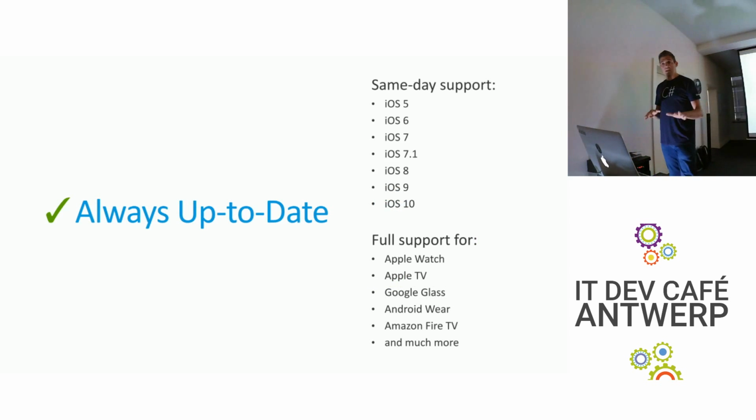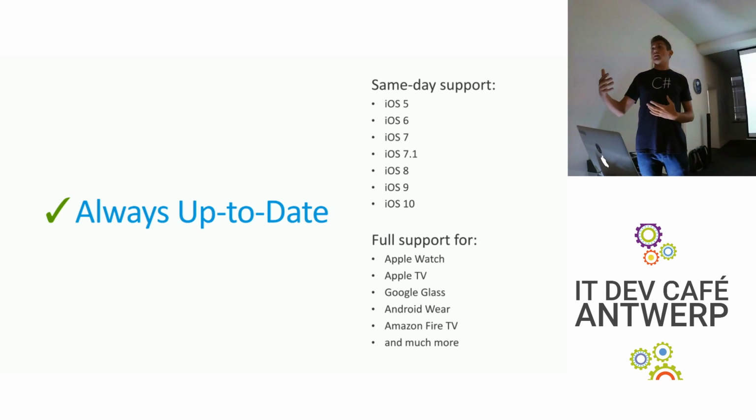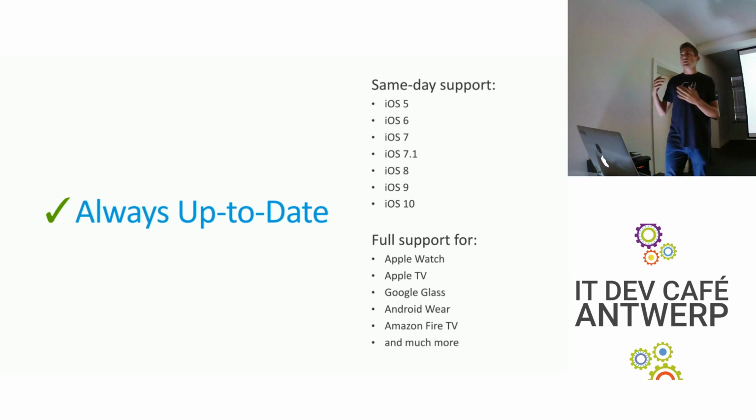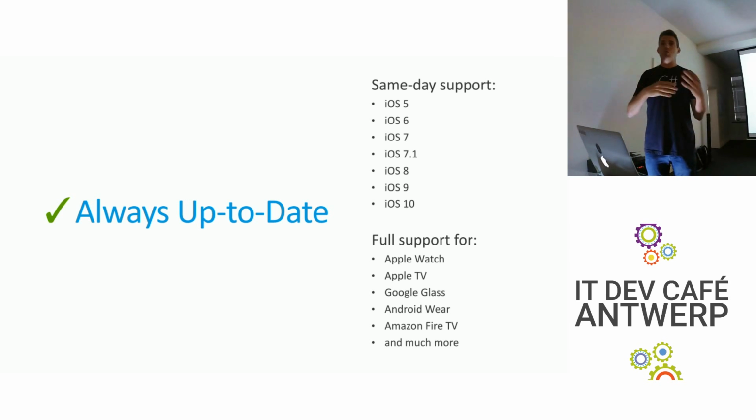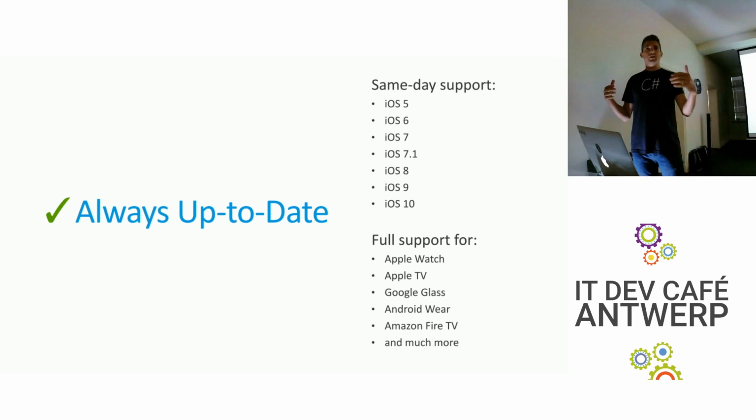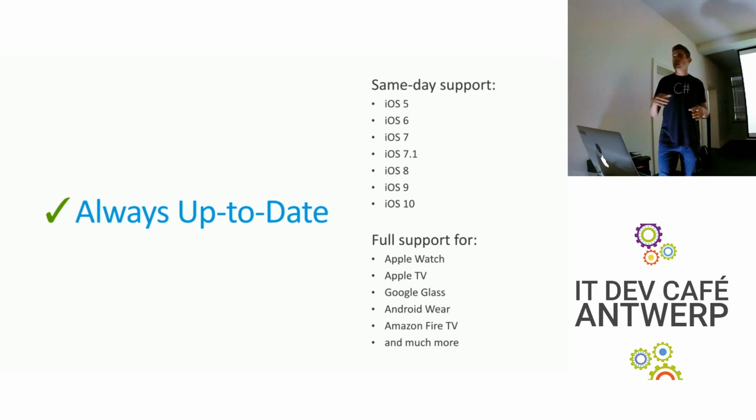Now as far as I'm aware, and I've been doing Xamarin from the really early days, they have always been able to release on the same day as new SDKs get released. So now iOS 11 beta is being developed by Apple, which is rather in public, and Xamarin is already releasing alphas that you can test to see whether the new APIs work, and I expect that when iOS 11 gets released, they will same day release an update for Xamarin iOS to make sure that you're able to use all the goodness of the new platform.